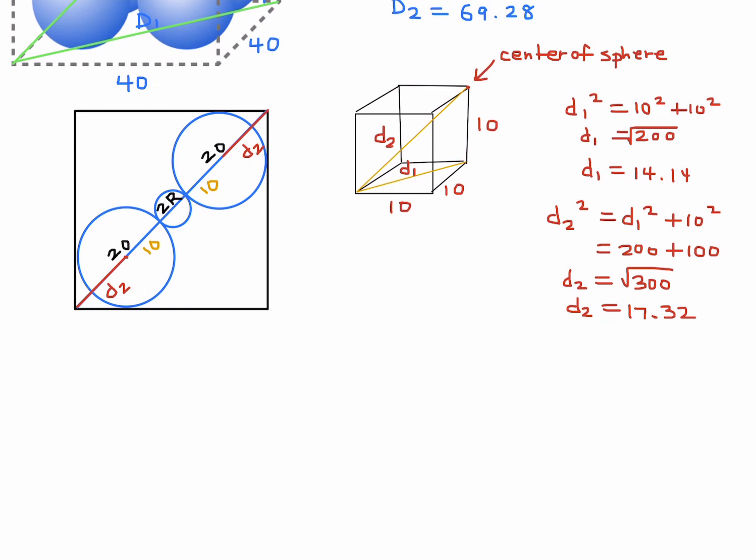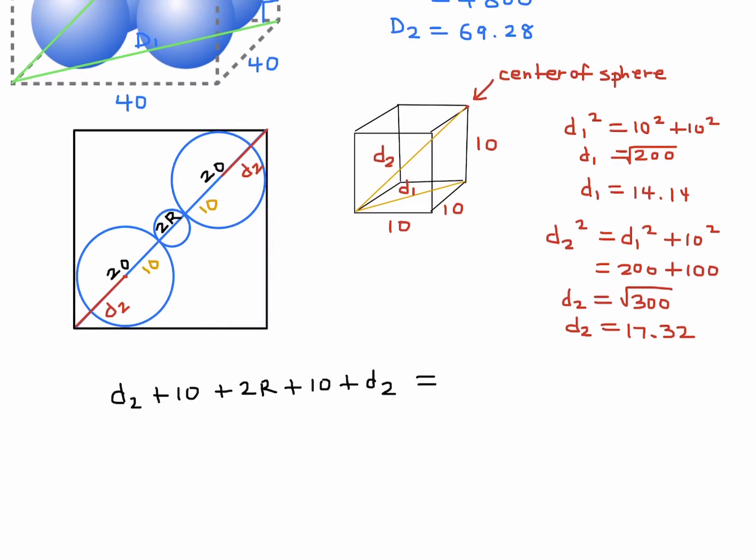We have the following. This whole distance is d2 plus 10 plus 2r plus 10 plus d2, and that is equal to this whole distance, which we calculated earlier as 69.28.